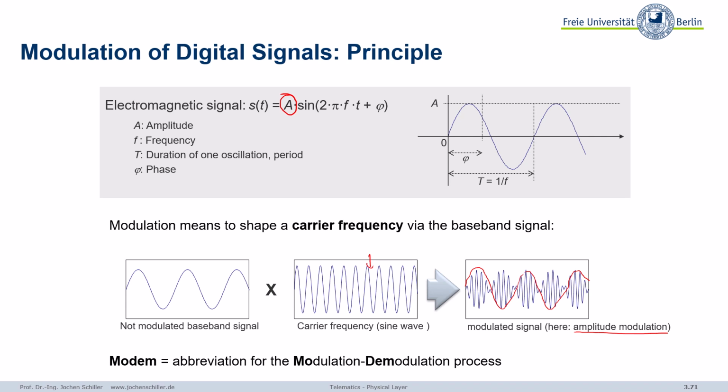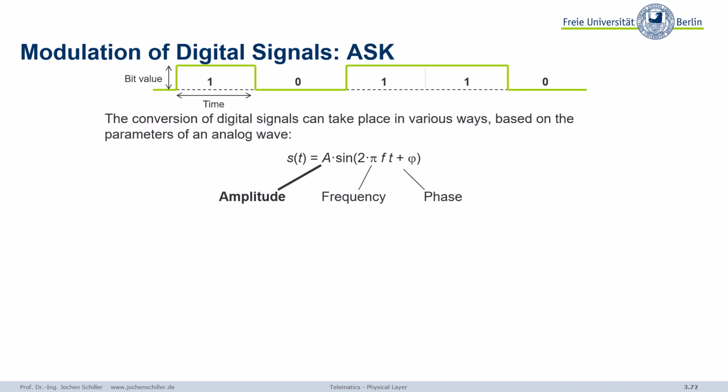So what are the typical steps? We have digital signals. We learned we represent our ones and our zeros. Here, in this very simple case, we see the 1 is, for example, a certain value and 0 is a certain value.